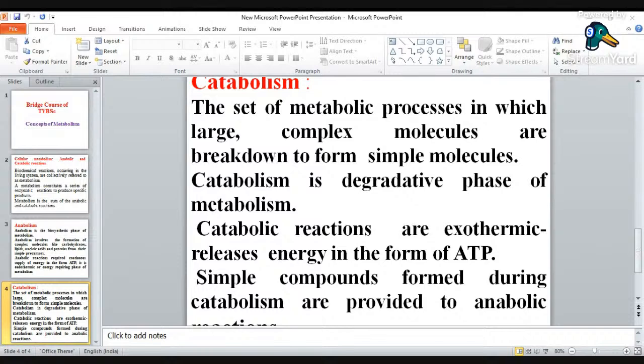These reactions are continuously going on in the cell. These reactions depend on each other. If one reaction happens, the other reaction will happen; if anabolism happens, catabolism will happen, and if catabolism happens, anabolism will happen.